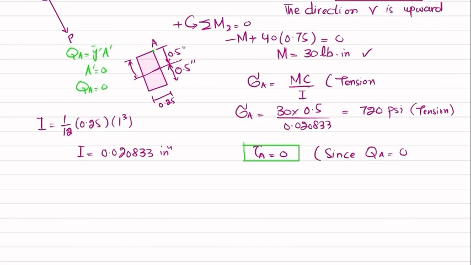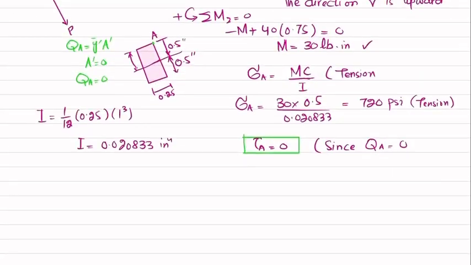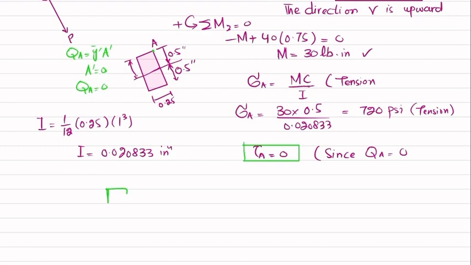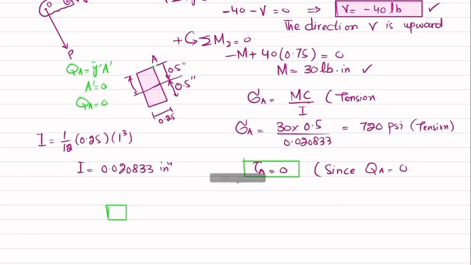Now we will define the state of stress at points B and A. For point B, if you take the element, the only stress is sigma B, which is compression. So minus 8. It will be like this one. This will be sigma B at point B, and that sigma was 8.89 KSI.